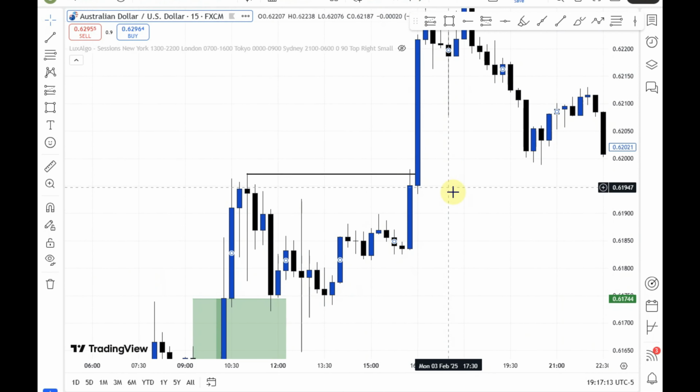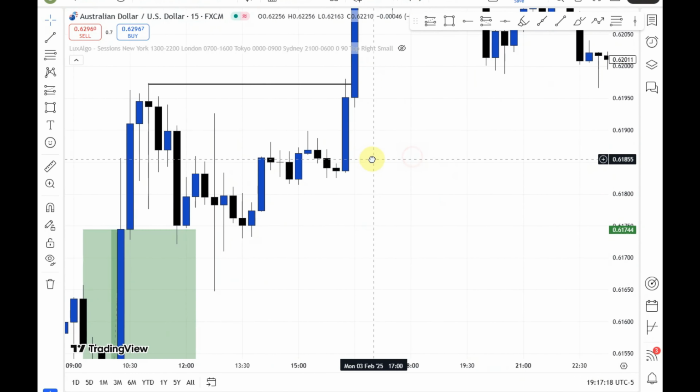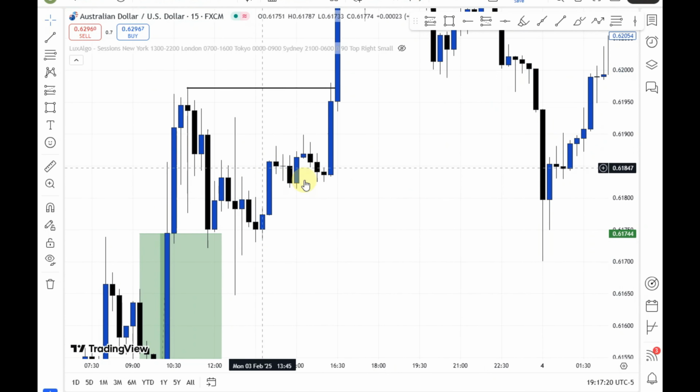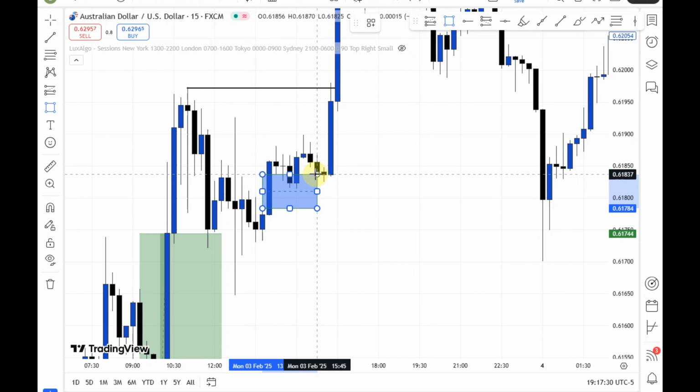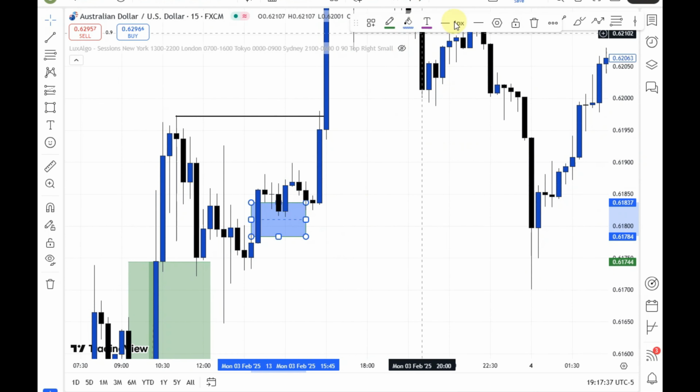So when you look here, there is this liquidity, but this fair value gap was taken out. Then it took out this high, so I wouldn't get a clear entry.